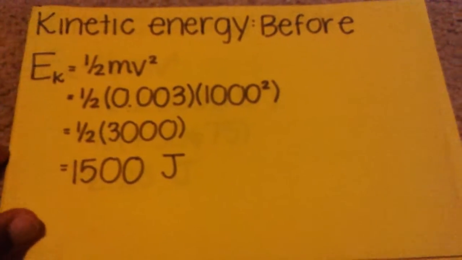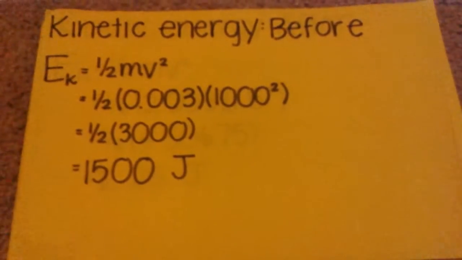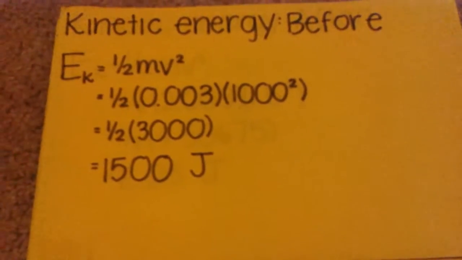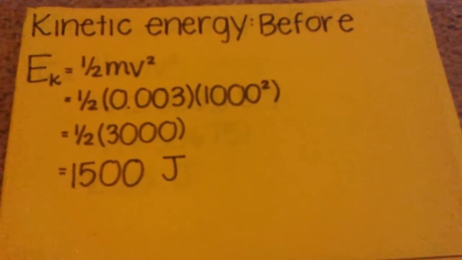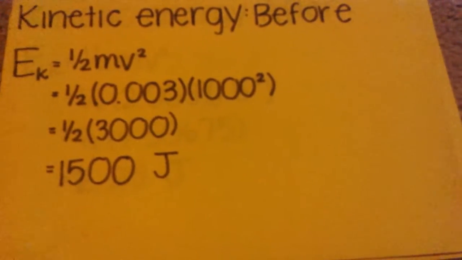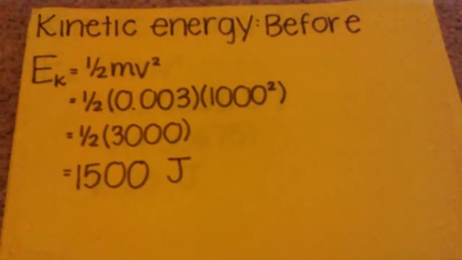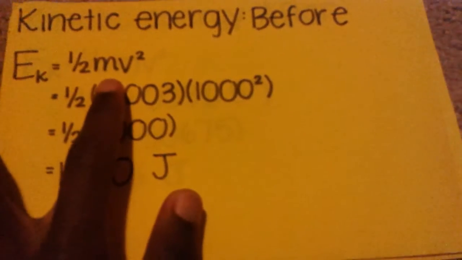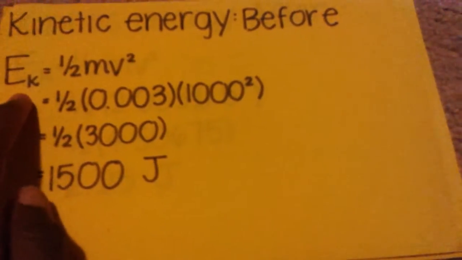Okay, let's calculate the kinetic energy before the collision. Before the collision, the only object moving is the bullet. So we're going to use the bullet's characteristics when we're solving for the kinetic energy.